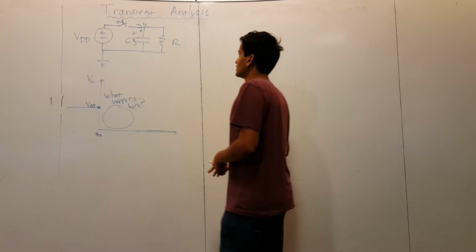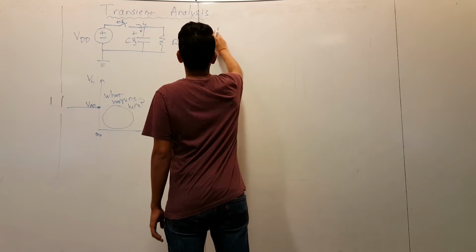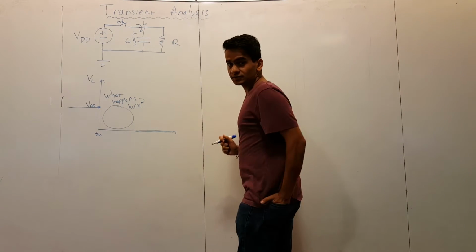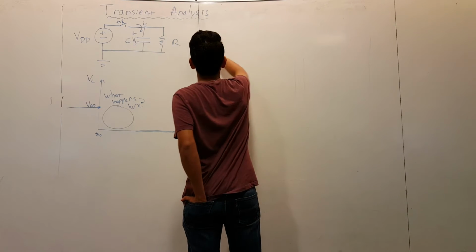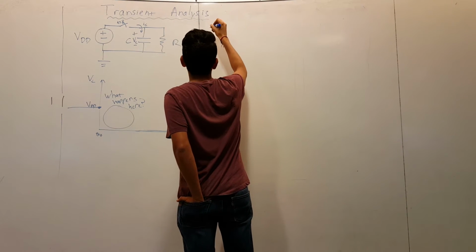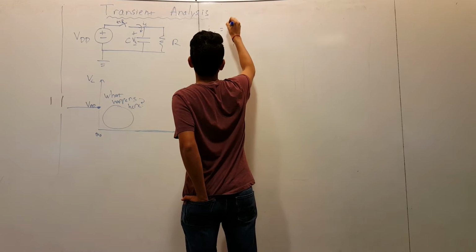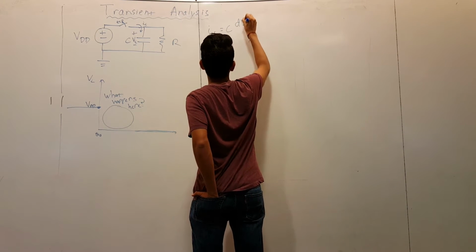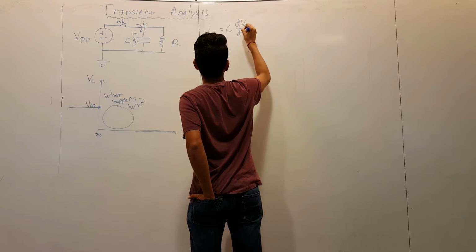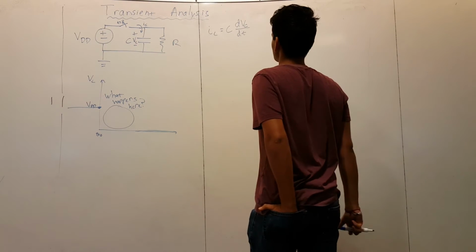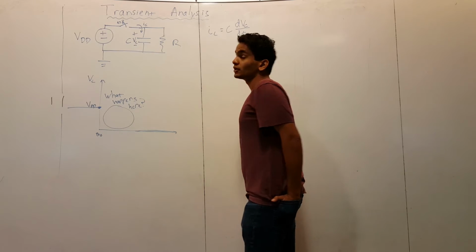How do we solve this? Let's first look at the capacitor voltage relation. We know that IC equals C dVC dt, where VC is the voltage across the capacitor and IC is the current going into the capacitor.